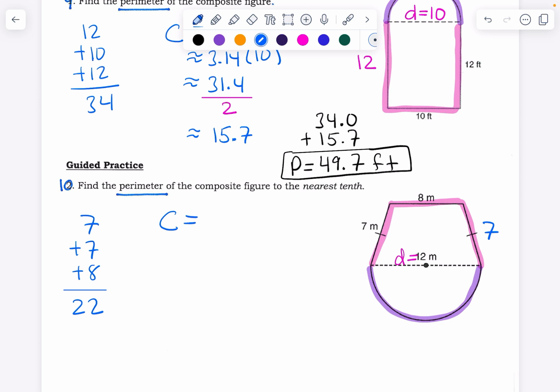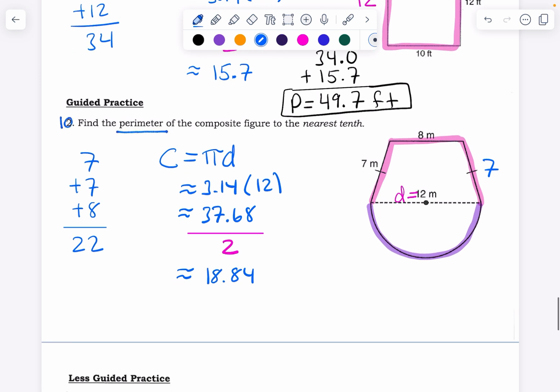Now let's do C equals pi d. I would have 3.14, and we just established that the diameter was 12. 3.14 times 12 would be 37.68. And that's for a whole circle, so I'm going to slice it in half and I would get 18.84.